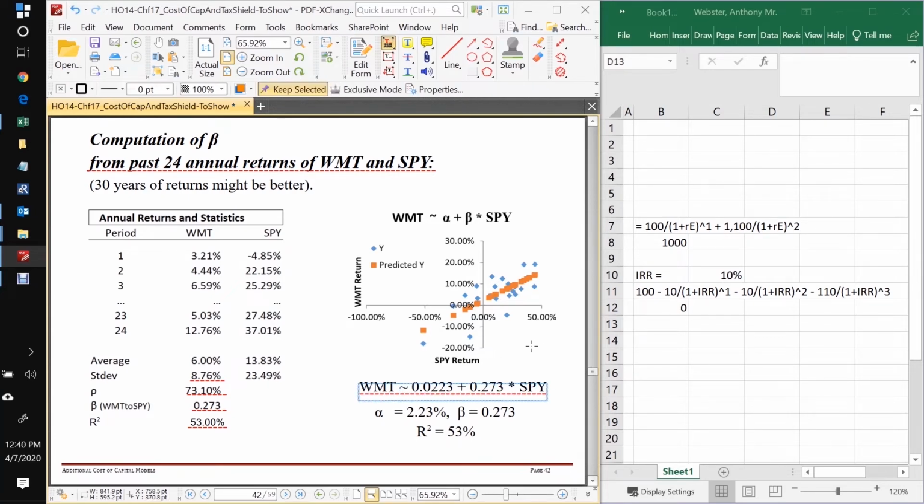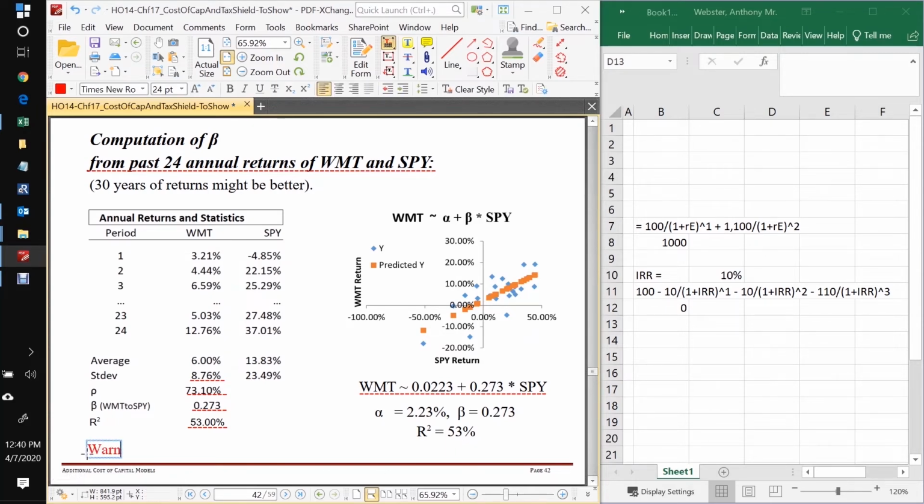It gave us this line, which is represented by the pumpkin orange dots there. So when the S&P is returning nothing, Walmart is expected on average to be returning 2.2%, and that's our alpha down here. And the beta is the slope, clearly much less than 45 degrees here. And the R squared is 53%.